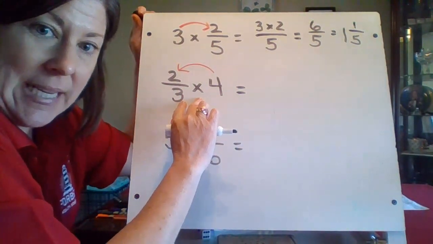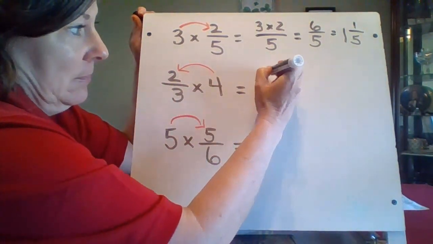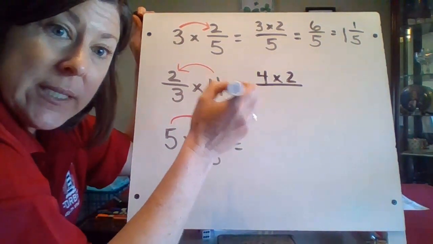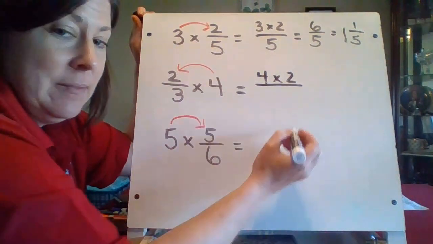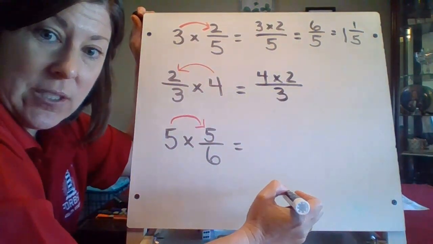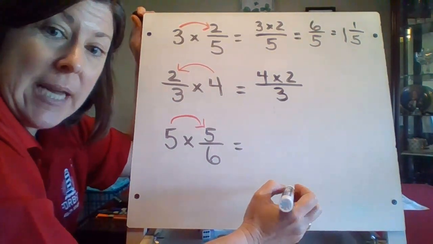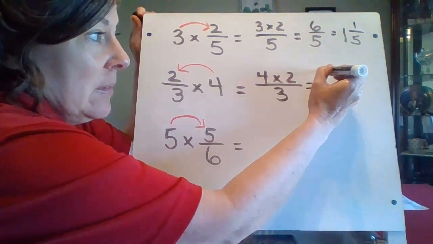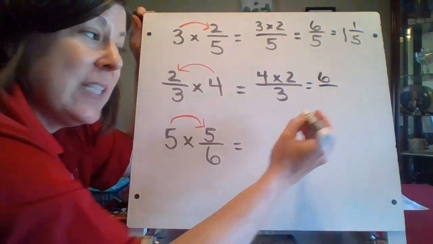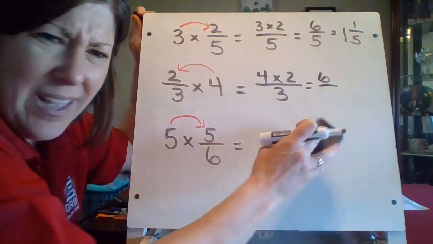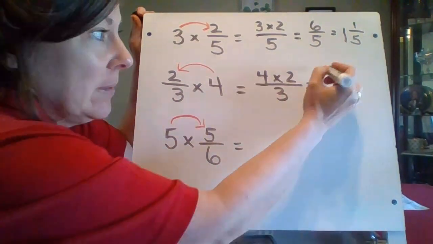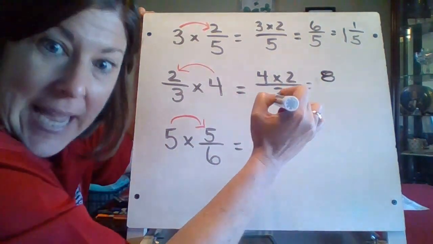In my second example, I have 4 times 2 in my numerator, and my unit is thirds. So 4 times 2 is equal to 6. Oh, what? 4 times 2 is equal to 8.